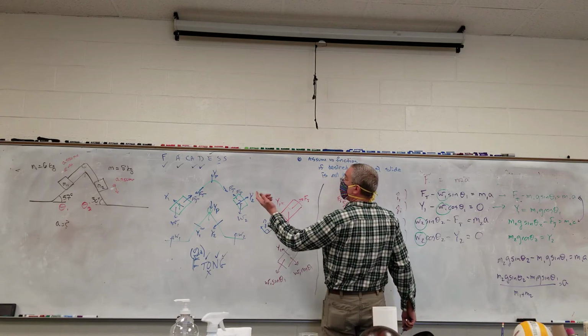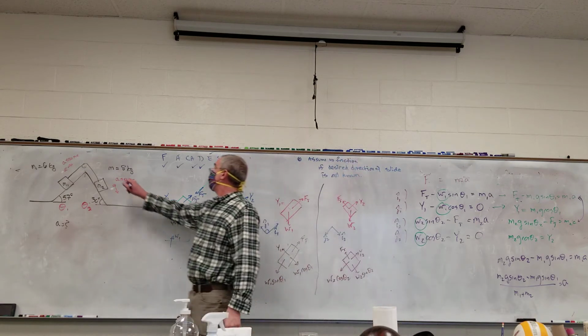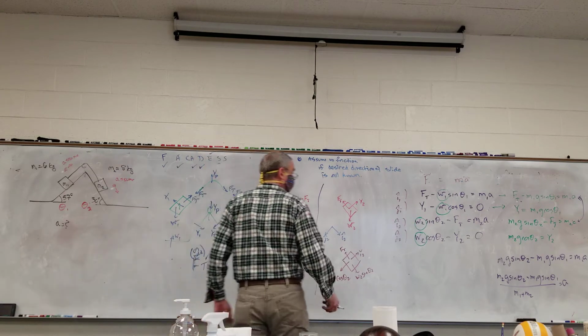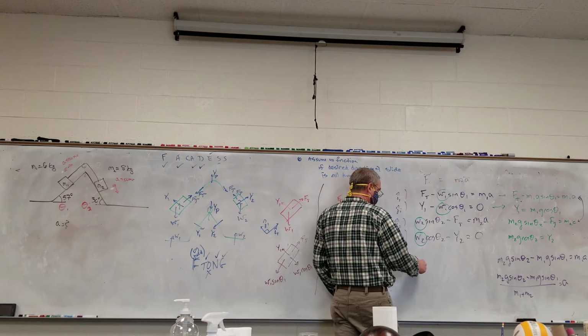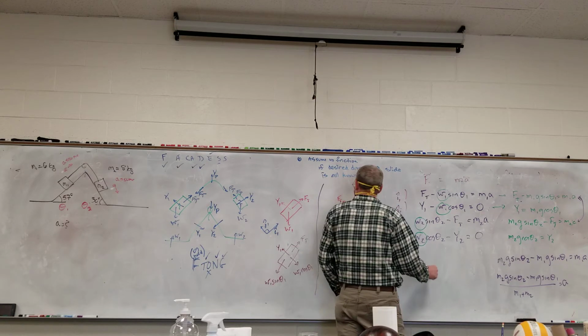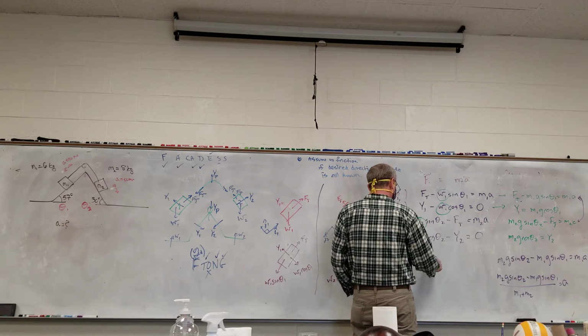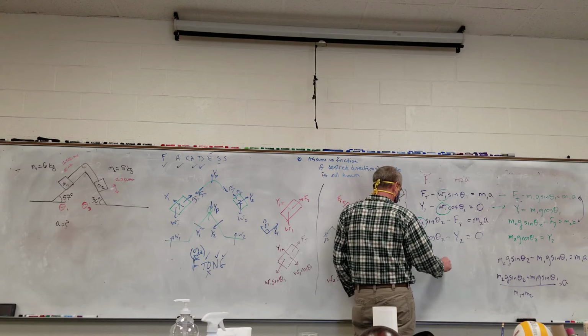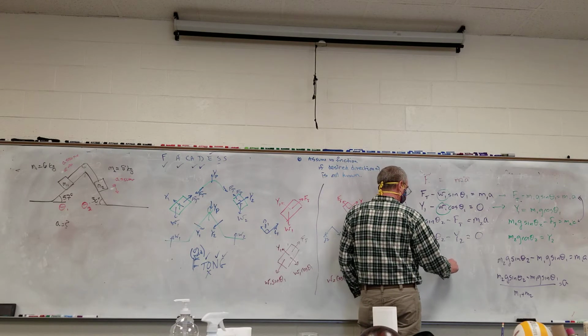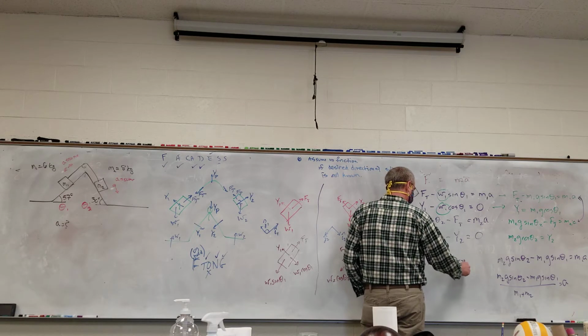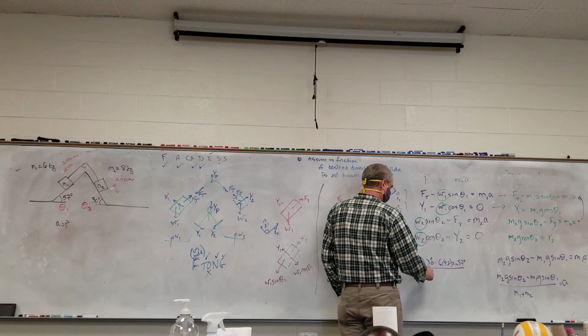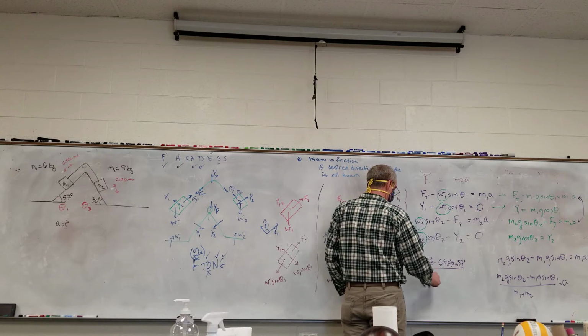And what numbers I use, M, should be a 2 there. So I have 8 times 9.8 times the sine of 30 degrees minus 6 times 9.8 times the sine of 57 degrees divided by 8 plus 6.